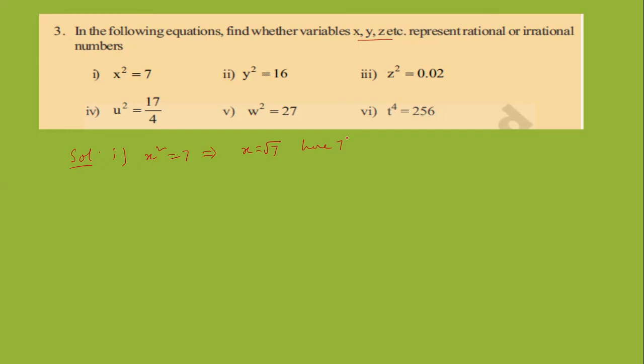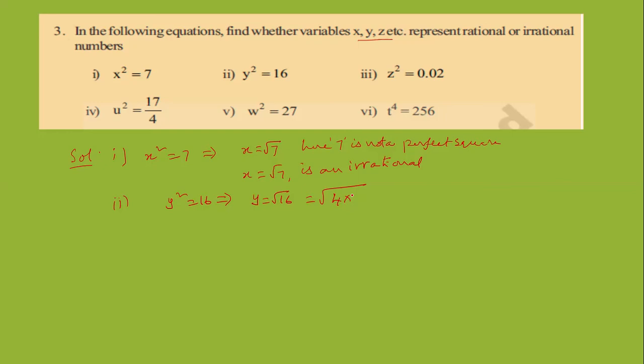When 7 is not a perfect square, root 7 is irrational. x is equal to root 7, that is an irrational. So here the x value is an irrational number.